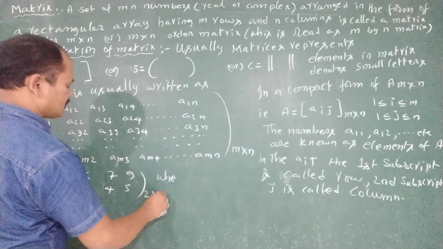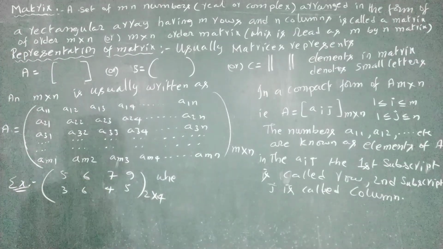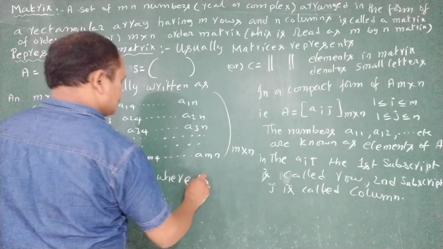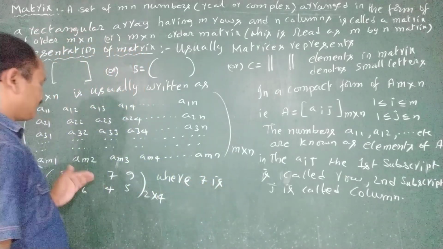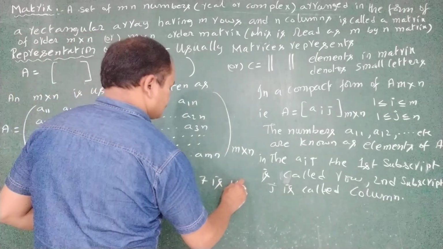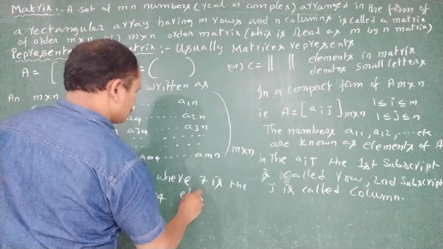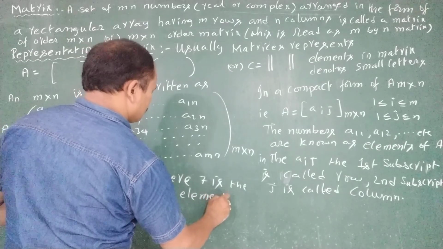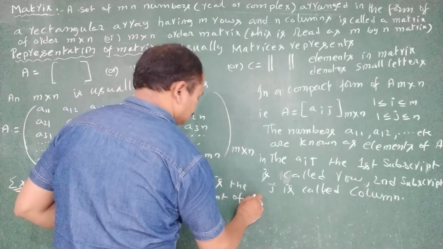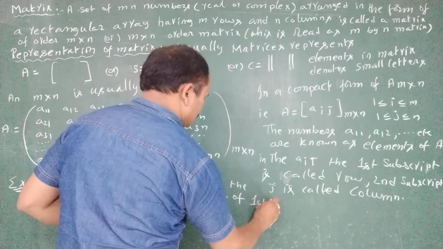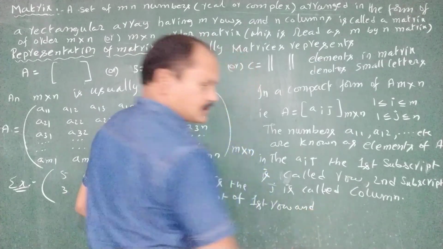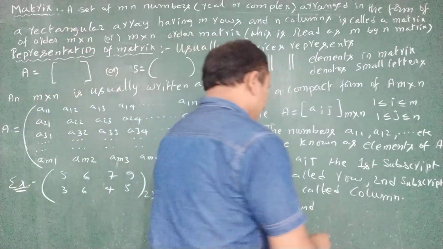That's why the order of this matrix is 2 by 4, where 7 is the element of the first row, third column.